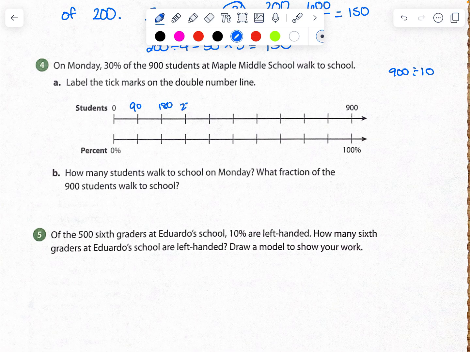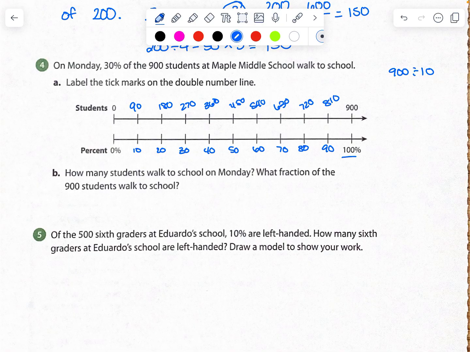We're going to count by 90s. This is where your multiplication facts come in handy. This makes this problem so much easier. Okay, and then we're also multiplying 100 by 10 as well because it's split into 10 sections. So we're counting by 10s at the bottom.